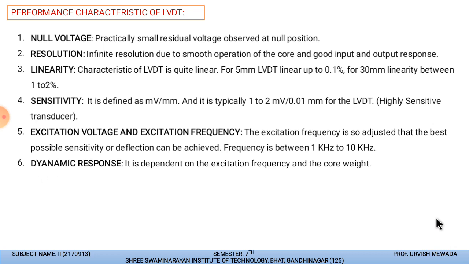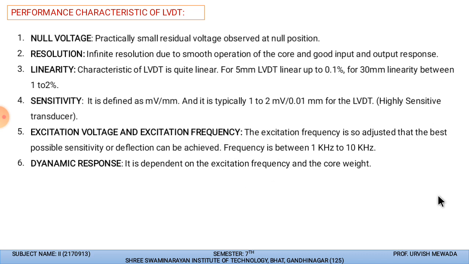Then the dynamic response means, as we give the input, if the input is changing continuously, the device should behave accordingly, or it should give the output. It is dependent on the excitation frequency and the core weight. As we control this excitation frequency, we can have good sensitivity.